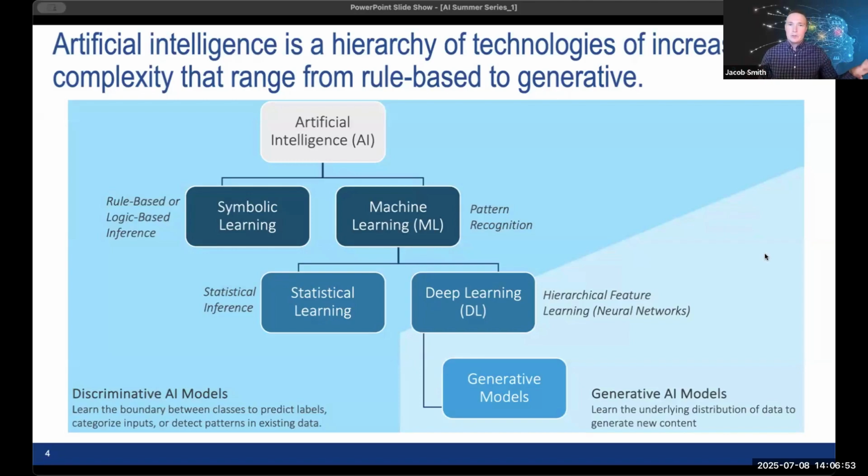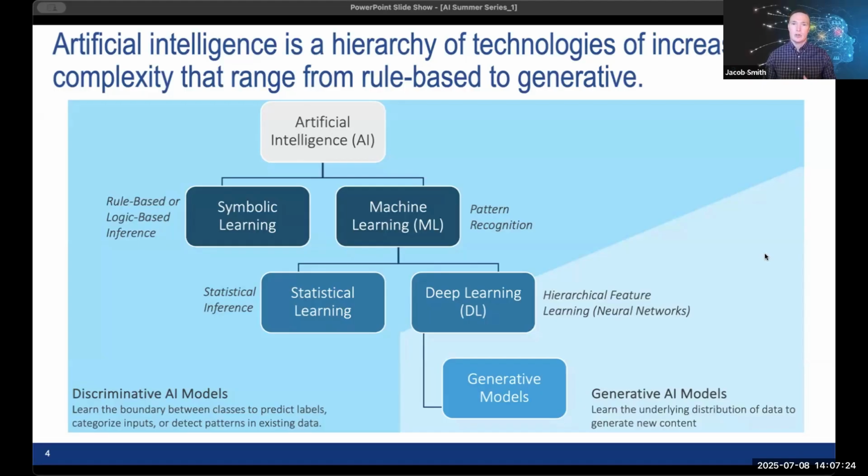So in the most basic bucket, you have what's called symbolic learning. So if you've ever used an if-then type rule-based, logic-based system, if this condition is met, this action is triggered, that's the symbolic type of artificial intelligence. Machine learning is really the field that has exploded over the course of the past maybe 10 years or so, and seen some really cool applications.